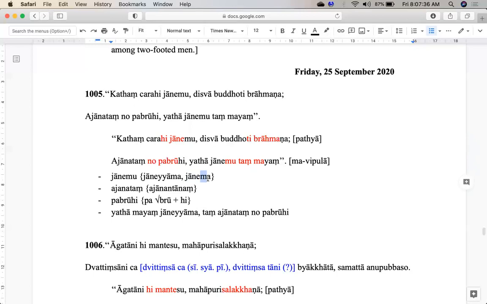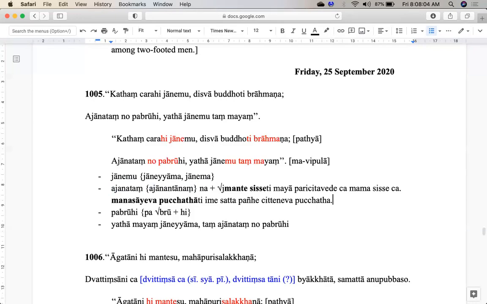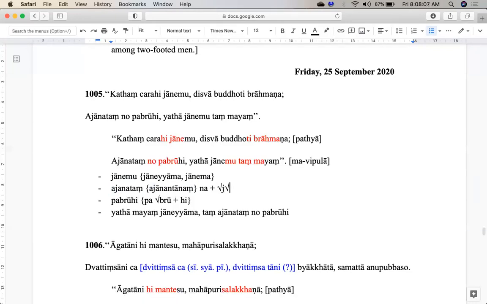We should know, we would know. And the Teswa Bodhoti Brahmana Ajanatan. So Ajanatan is the dative or genitive case plural form. Ajanandan is a present participle form. A is the negative sign, na, and the present participle suffix is anta.